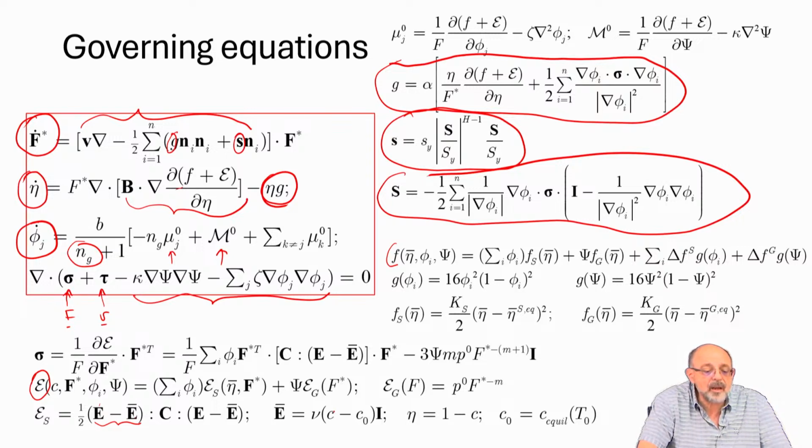The eigenstrain takes care of the vacancy and interstitial concentration. This is Vegard's law. So if you put an extra atom into the interstitial space, you increase the volume. If you put an extra vacancy, you shrink it.